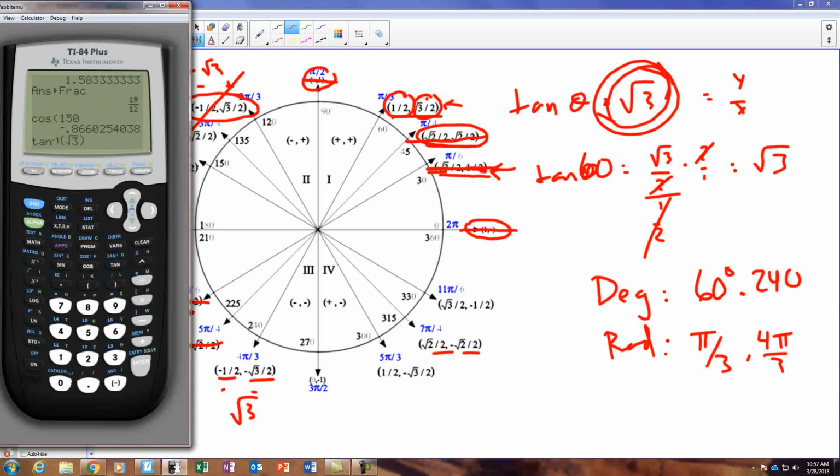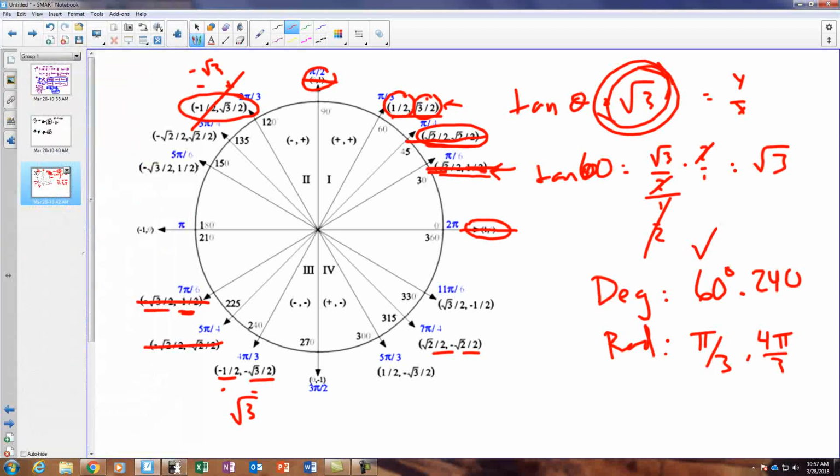Okay, so this is what the test was asking you for. It tells me 60 degrees. Great. But I still have to come to the circle and figure out where the other one is. Now, the nice thing about tangent is it always follows the diagonal line. If you look at where 60 and 240 are, they're off by 180 degrees. That will always happen. Okay?